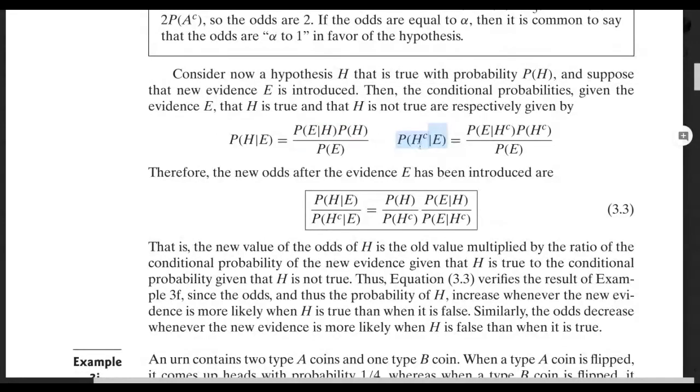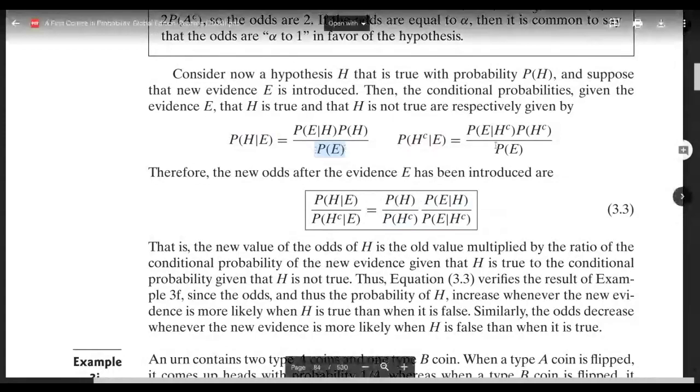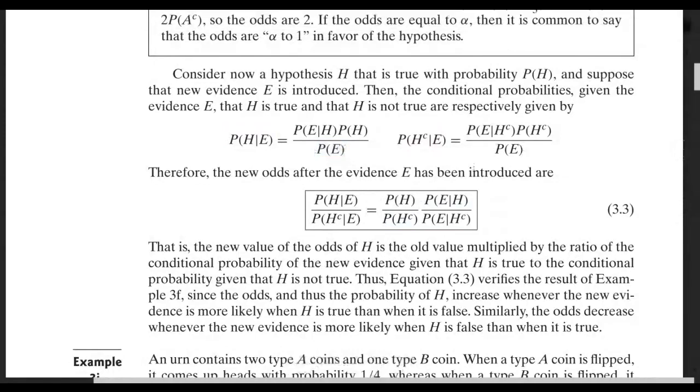Then if we divide those two, the odds of this, can we simplify? Yes, the probability of E is simplified. We get the probability of H divided by the probability of its complement, times the ratio of the probabilities of E given H and E given its complement.